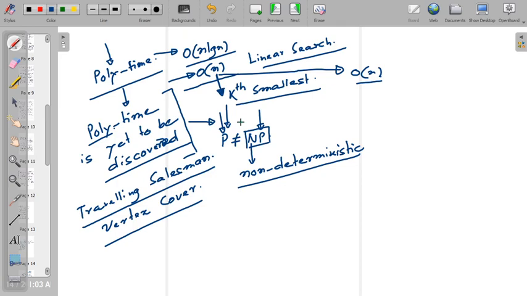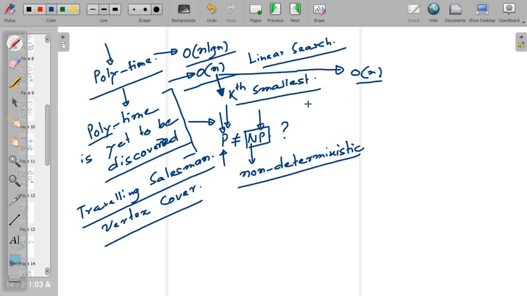So the question we are asking is whether P not equals to NP. That means for all the problems in this NP class, can we find a polytime algorithm? That is the biggest question. And this is a $1,000,000 problem.